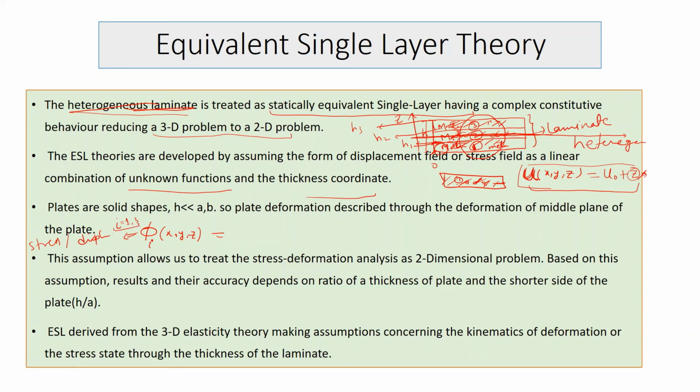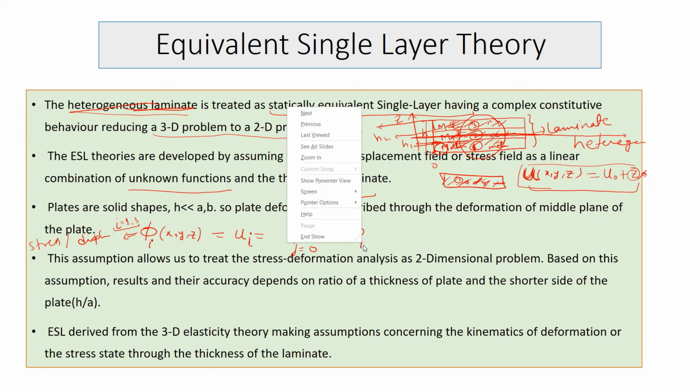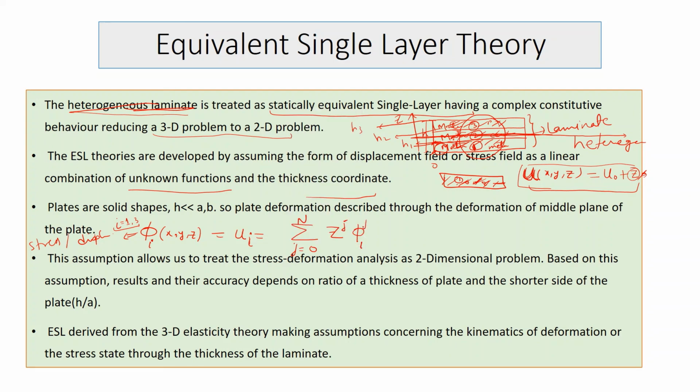If we are talking about the displacements only, then we can define it as the summation over j equals 0 to capital N of V j, phi I j of x and y.